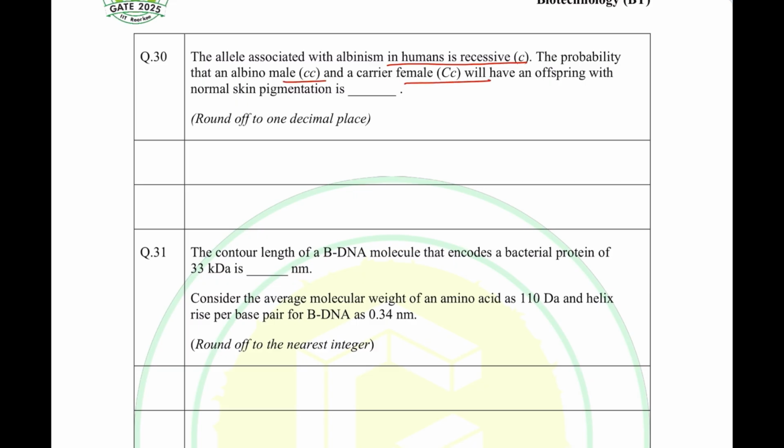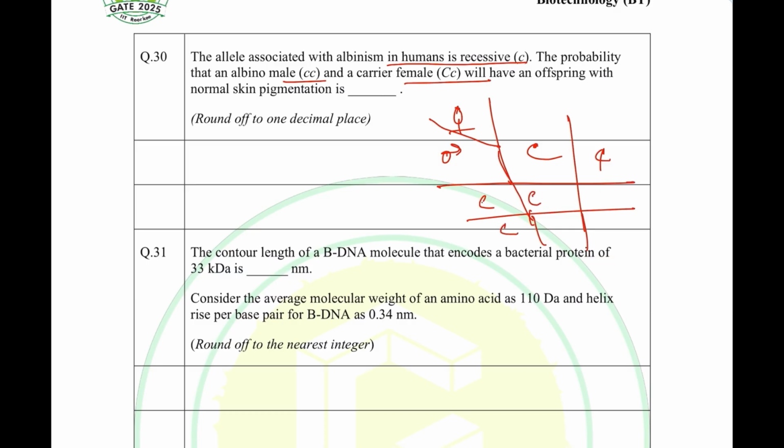So like in a Punnett square, if we cross it, the male is small c, small c and the female is capital C, small c.